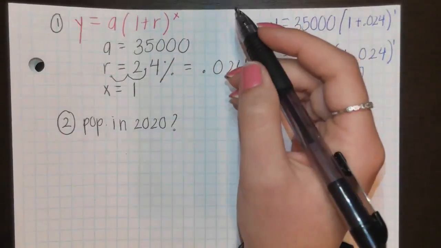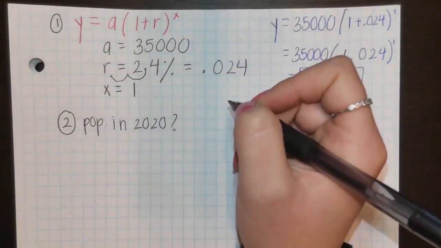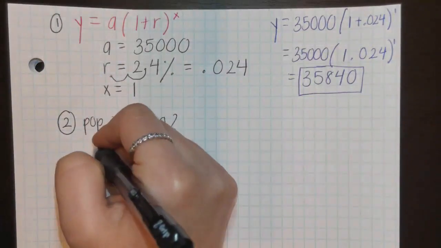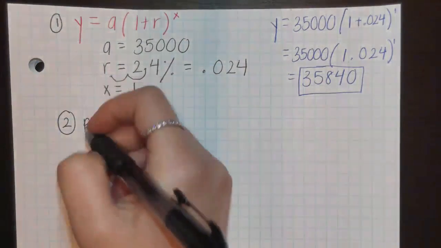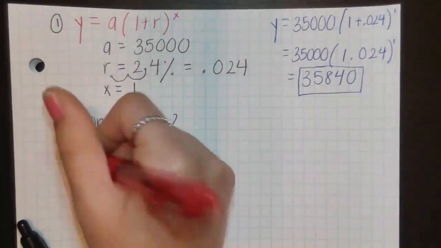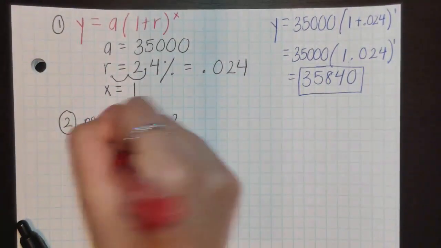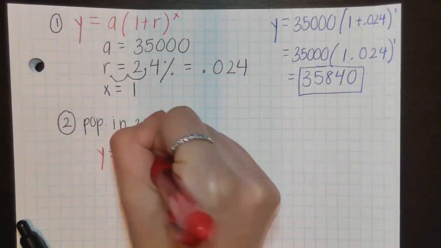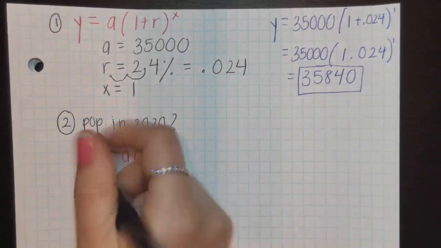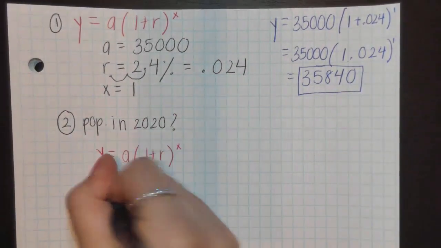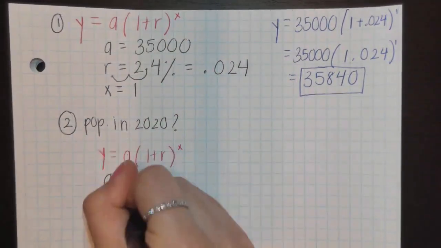So based off of what's given to us, we know that we are still working with a population that is increasing by 2.4% every year. So my equation is going to remain the same. I still want to use this one. Y is equal to A times 1 plus R raised to the power of X. Now we need to identify, are my A value, R value, and X value going to change?